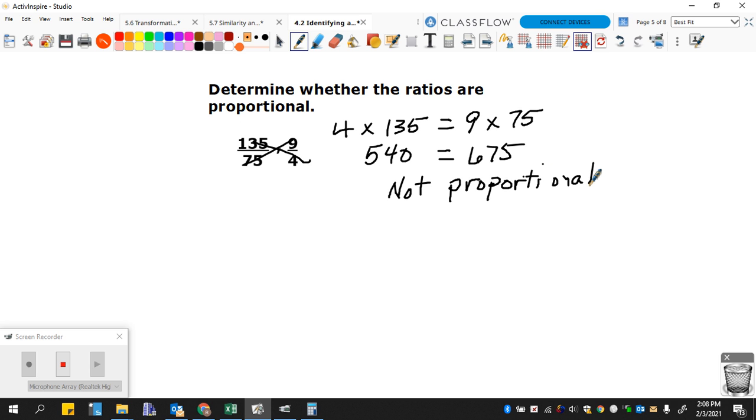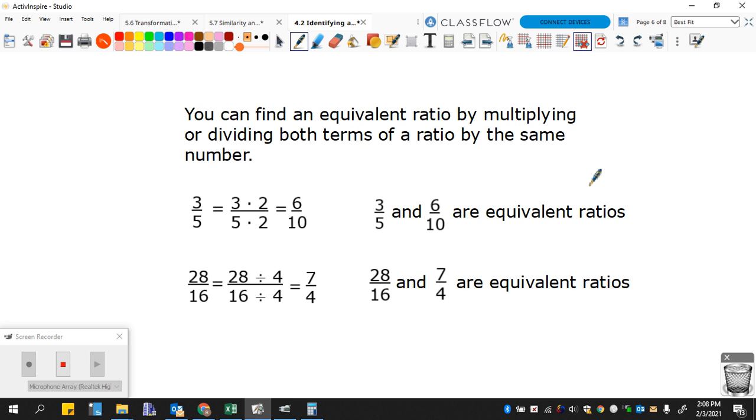All right. The last thing we're going to talk about is finding equivalent ratios. To find an equivalent ratio, you just multiply both the numerator, the top number, and the bottom number by the same number. The example I've given here is an equivalent ratio of 3/5. I just multiplied everything by 2 over 2. And remember, 2 over 2 is the same thing as multiplying by 1.